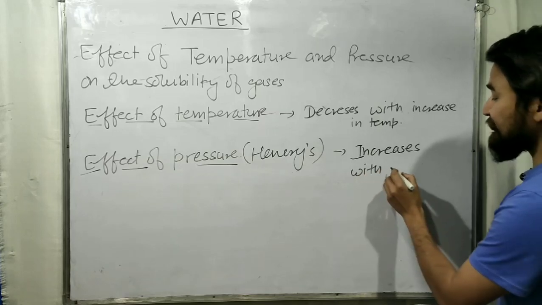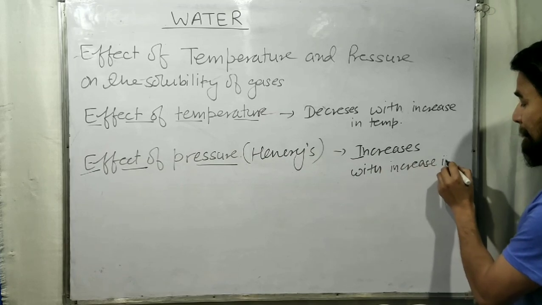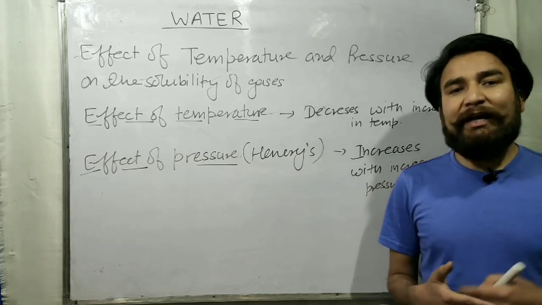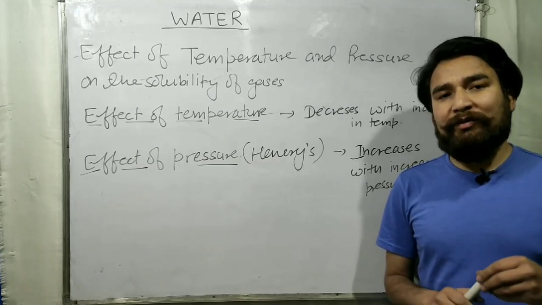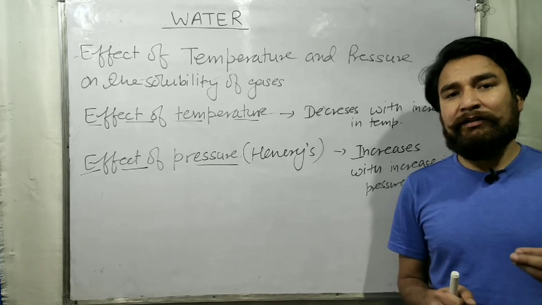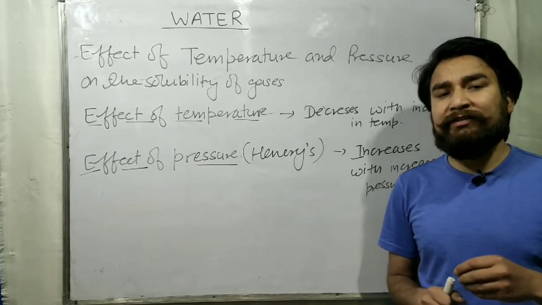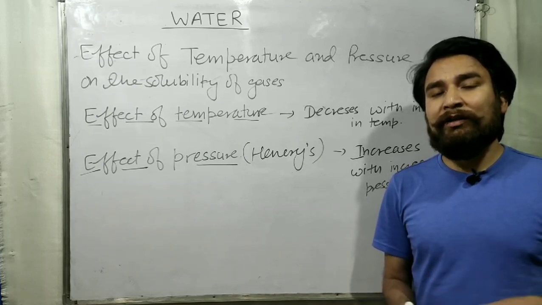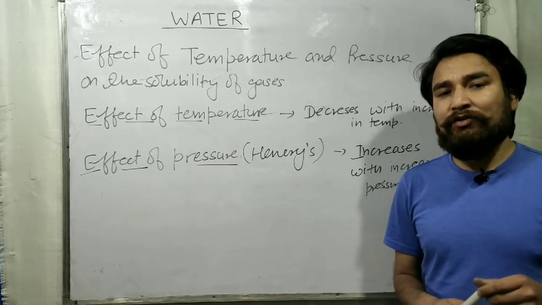So let's see some examples. As you know, carbon dioxide is dissolved in soft drinks. When bottles of soft drinks are filled, they are filled under high pressure so that a large amount of carbon dioxide can be dissolved in it. That's why when you open the bottle, you have observed that a gas is evolved from the soft drink.